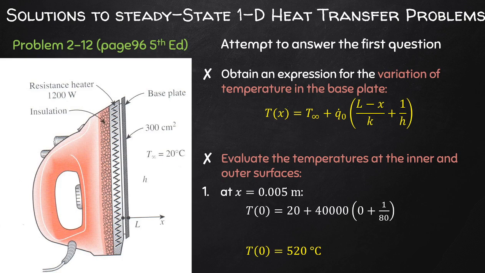So this tells me that these temperatures are really high for the iron, and I would have considered radiation. So see if you can determine what these temperatures would have been if radiation was accounted for in this case.